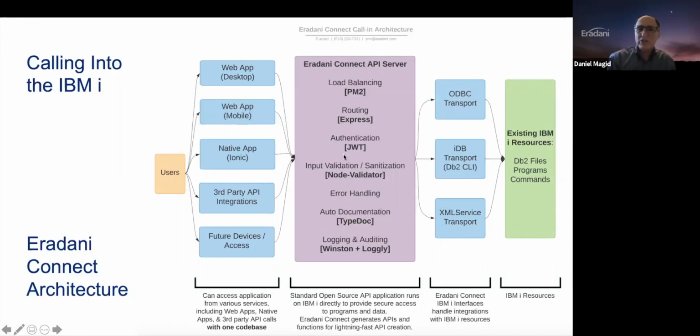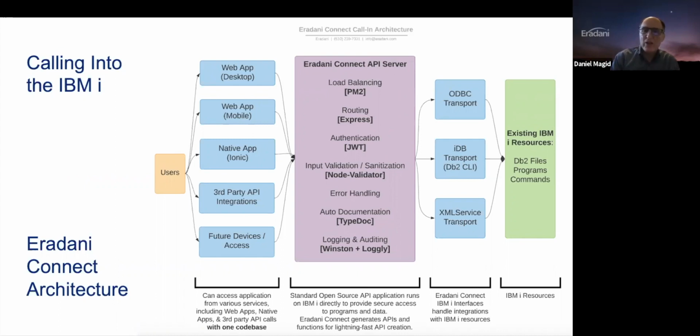It has authentication built in: JSON Web Token authentication, OAuth, SAML, Kerberos and LDAP are all built in so you can use them. It does input validation and data serialization, so it will transform data from JSON or XML to RPG data structures and parameters, and do the same thing on the way back.